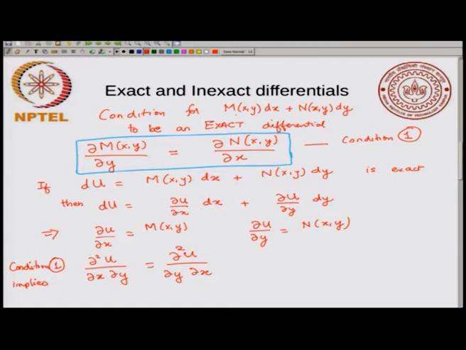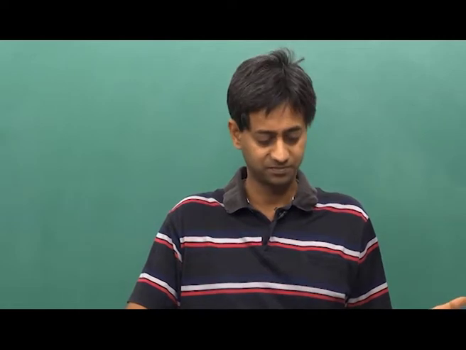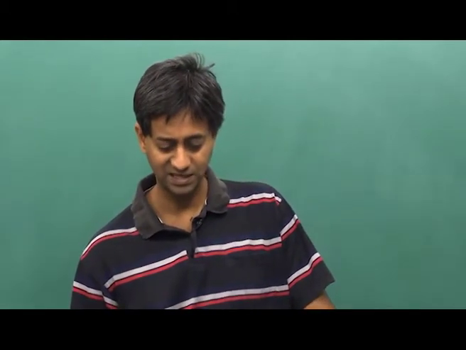So, what does this mean? This means that you can take any differential equation and check whether it is exact or not. That is a very nice thing, you can easily check it. Now, if your differential equation is exact, then what happens?